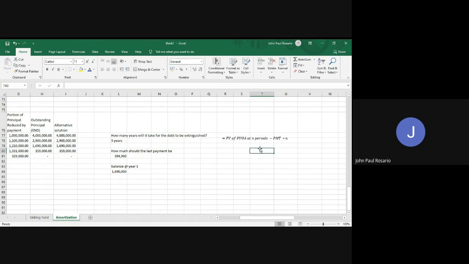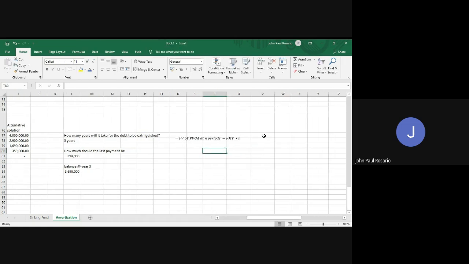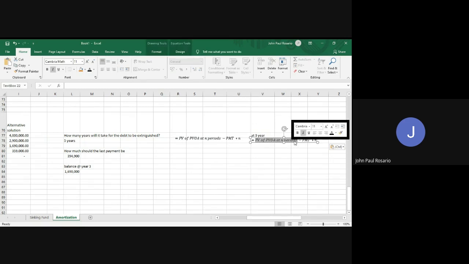Okay, so at 3, so 3 years, so our FVOA would be, so our PV of n periods, so that would be like 5. Then we multiply this by our fraction.